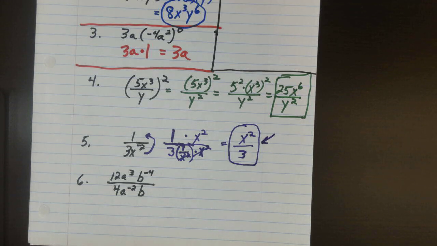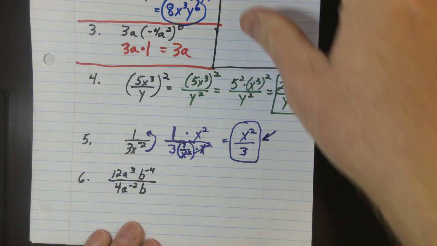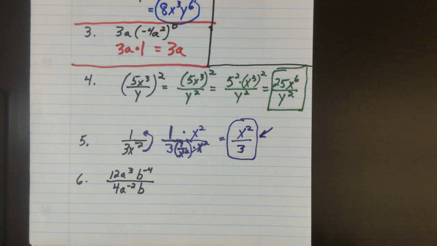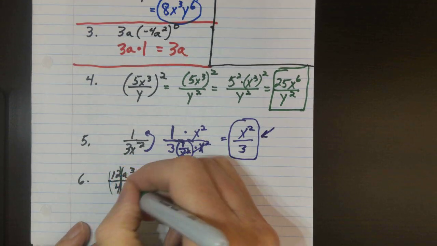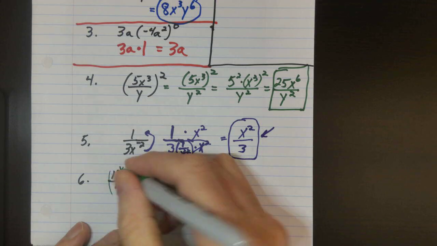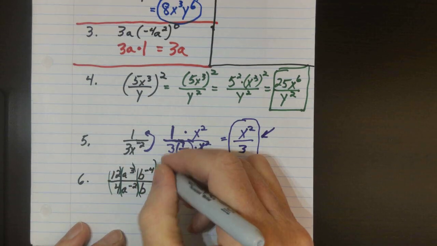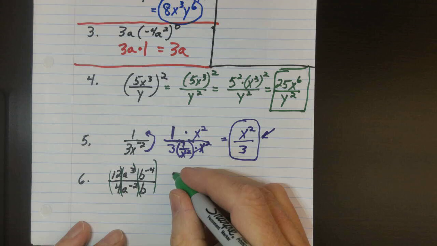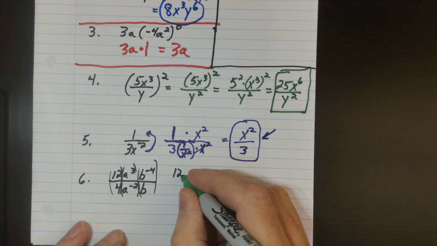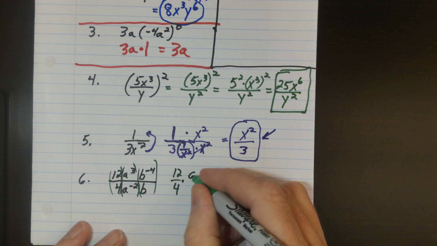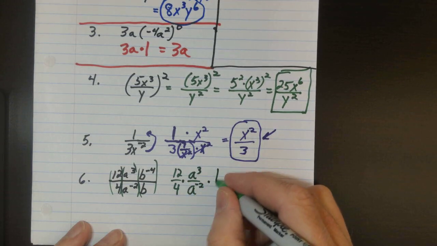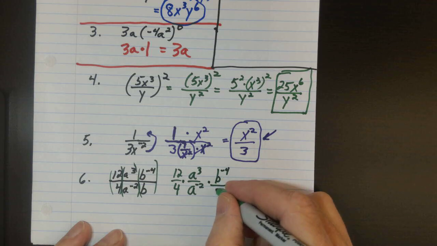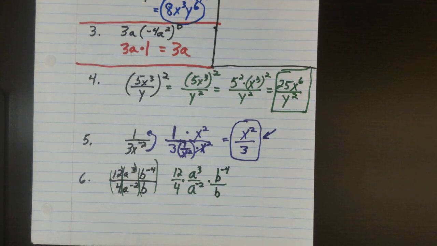And the 6th example here, I'm going to kind of split these up into 3 parts. The coefficients, the a variables, and the b variables. So I've got 12 over 4 times a cubed over a to the negative second power times b to the negative 4th power over b.